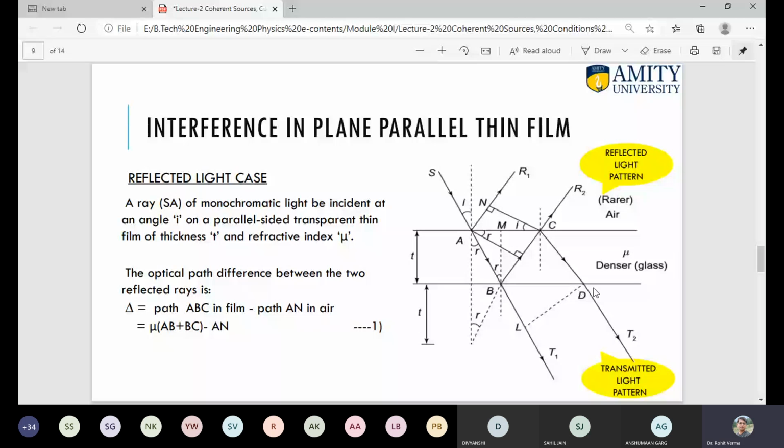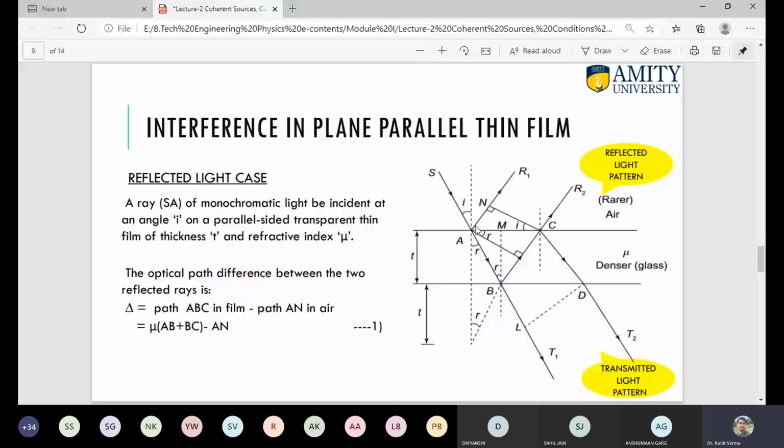So the bottom medium is water and the upper medium is air, and we have supposed that this is an oil film or soap film, and a light ray which originates from an extended source of light S is incident at the surface A. You know that this is the property of every material, that it absorbs some amount of light, it transmits some amount of light, and it reflects some amount of light.